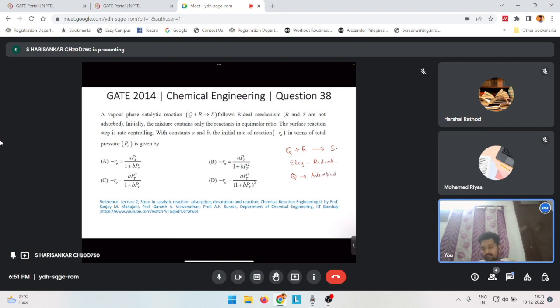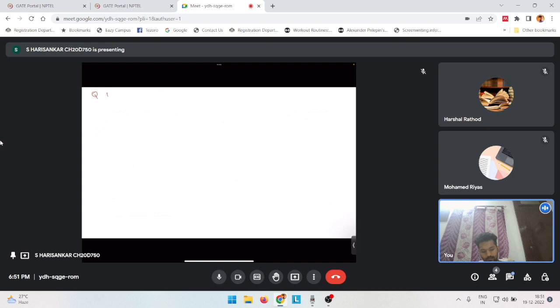So based on this, we'll try to formulate the different steps in the reaction and their corresponding rates according to the Langmuir-Hinshelwood approach. Q plus R giving S is our overall reaction, and Q is the only thing getting adsorbed.